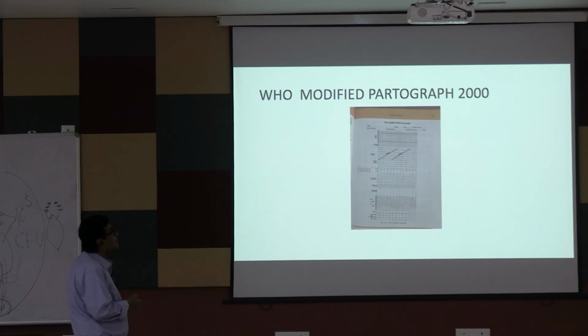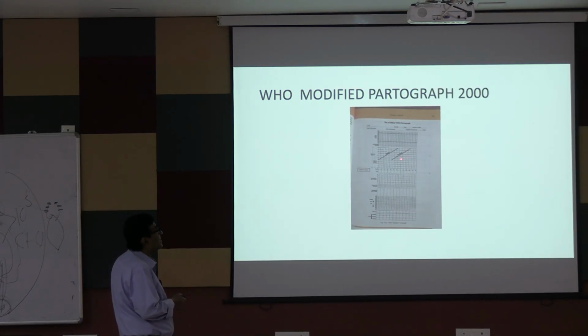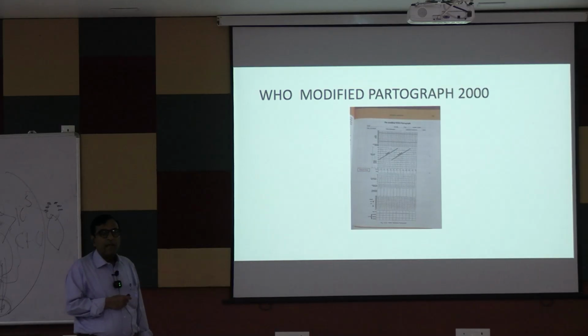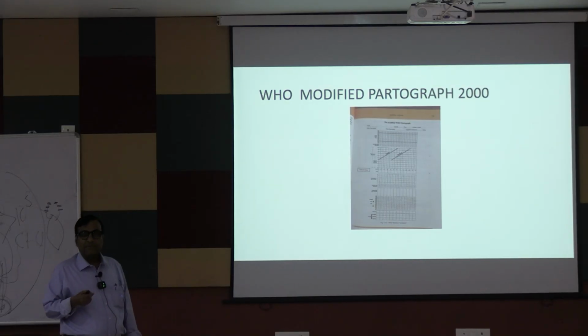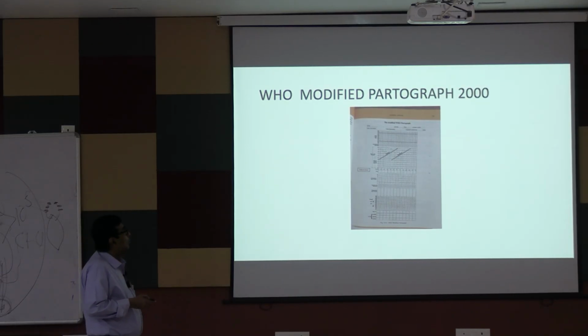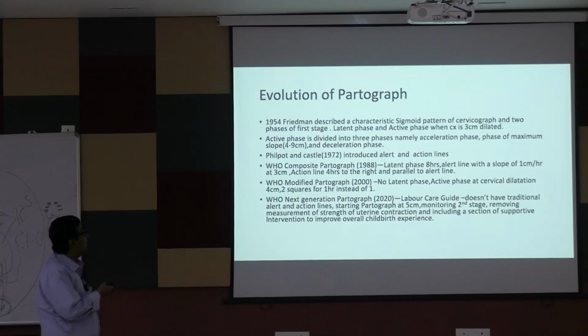So this is the importance of the action line. Unless it touches the action line, we will not take any action for immediate delivery. These action and alert lines were introduced by Philpott and Castle in the year 1972.